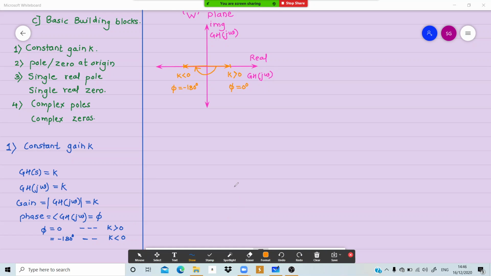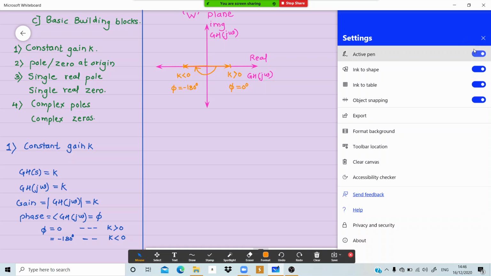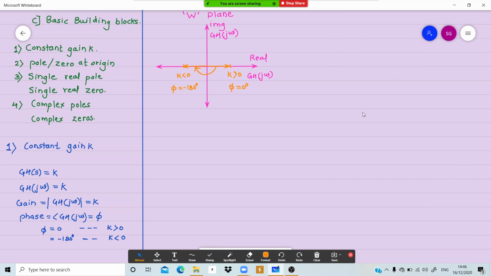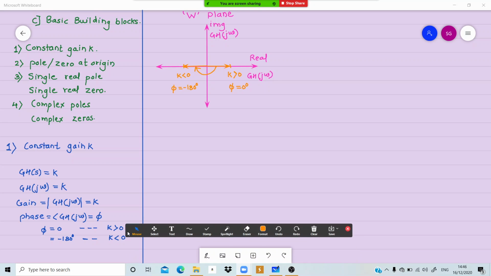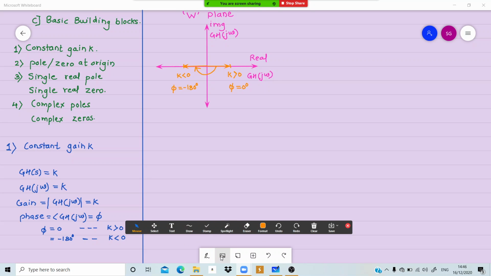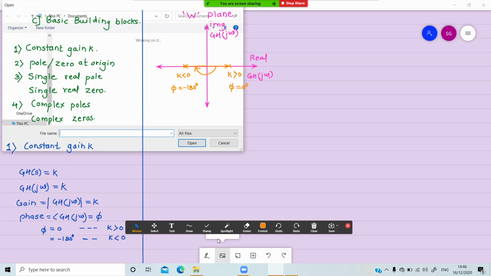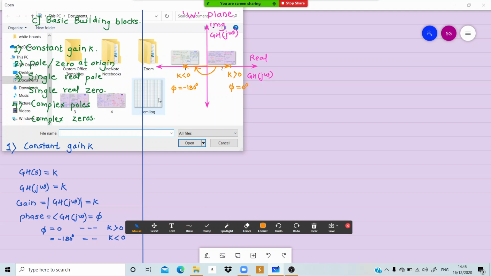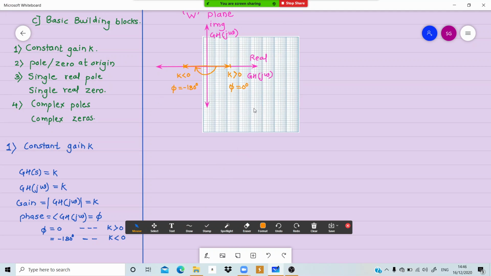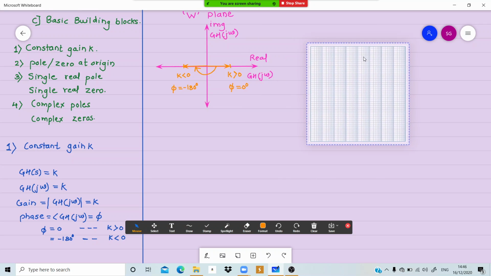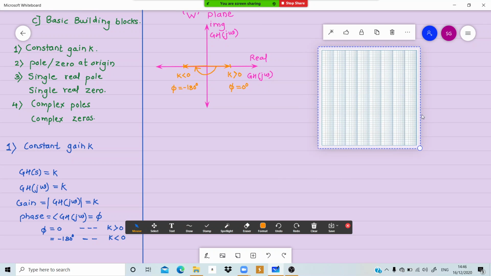Now what will be the Bode plot for this? Yes, I would like to show you. Just give me 1 sec. So this is a semi-log paper.